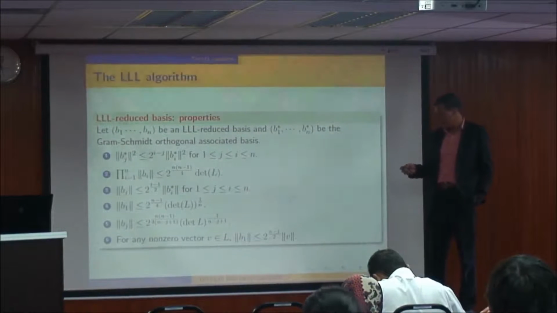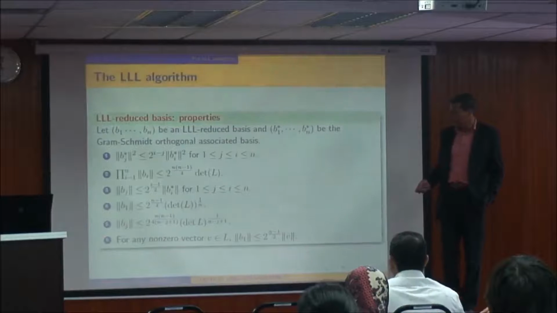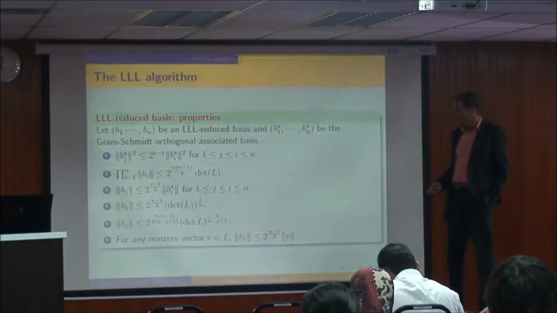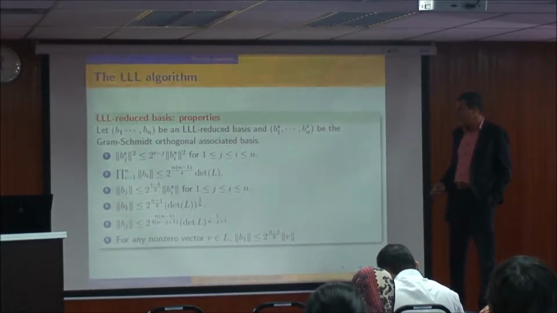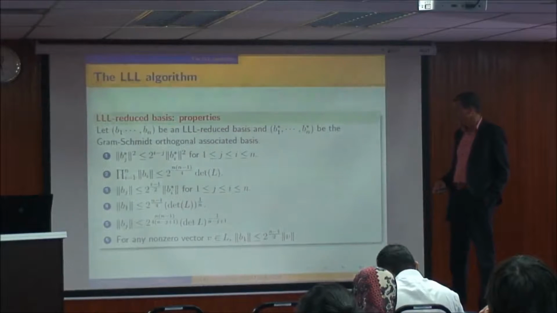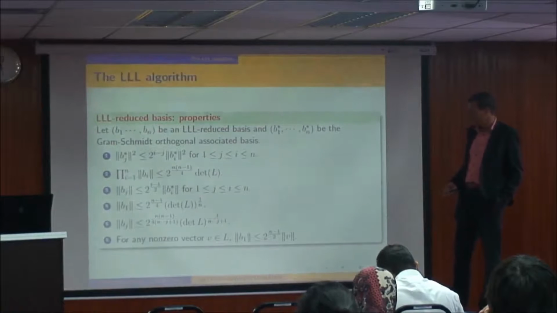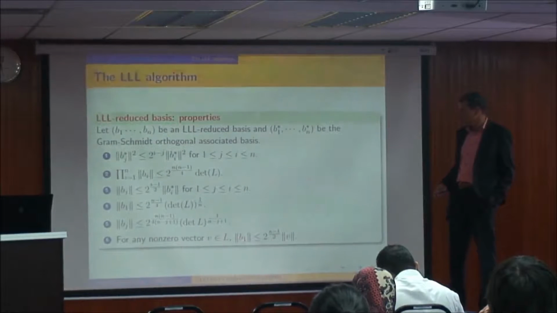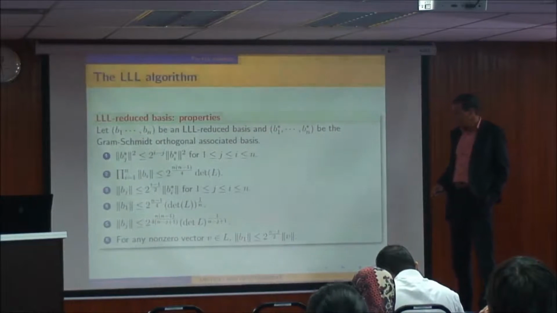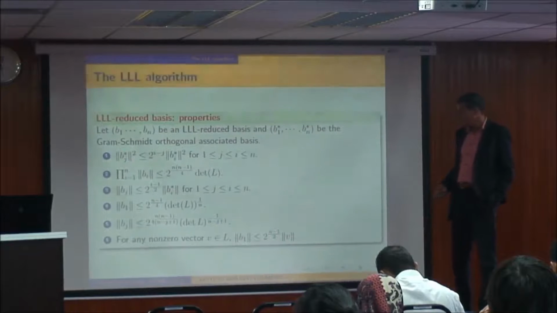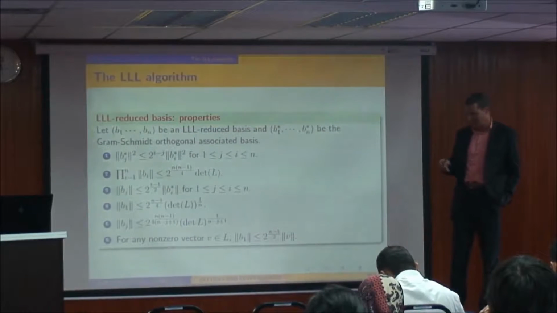And also we can find other properties. For example, for each vector in the basis, we can find an upper bound for the norm of this vector. And a very important property of an LLL reduced basis is that the first vector V1 has norm less than this bound, and this bound is related to the shortest vector in the lattice.